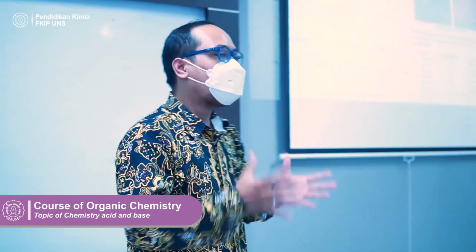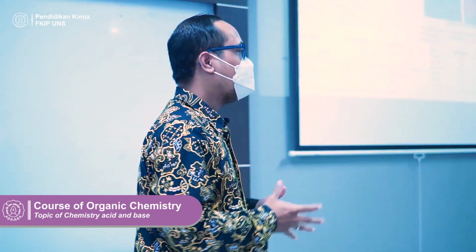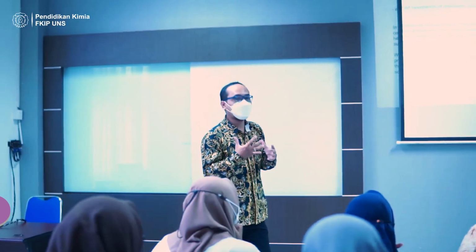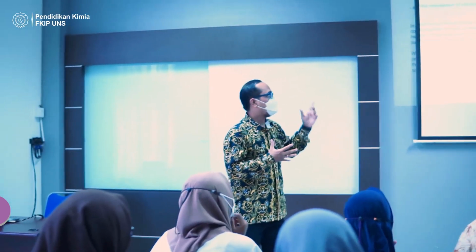Thank you very much. So, what are anthocyanins? Anthocyanins derive from Greek words: anthos, which means flower, and kyanos, which means dark blue. So, put together, anthocyanins means flower with dark blue color.